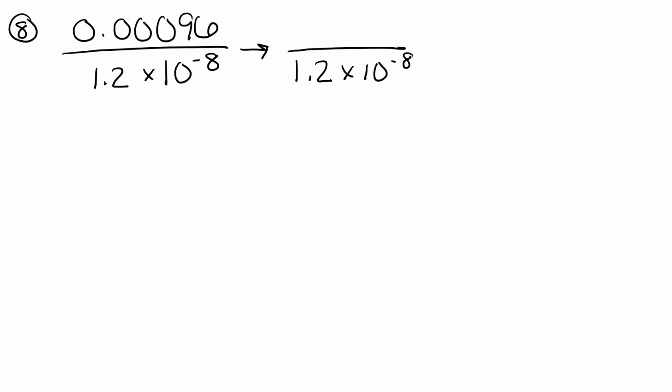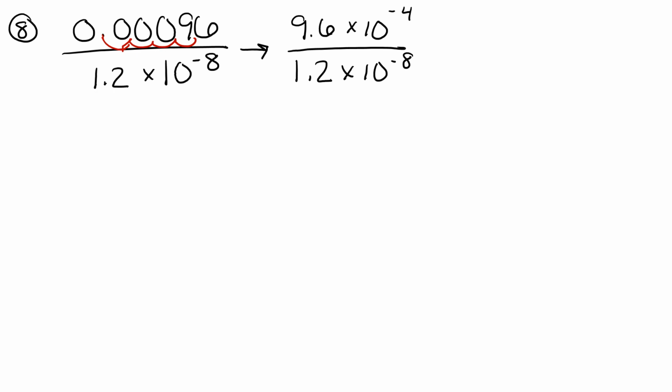So we're going to move the decimal behind the first number, 9, and we move it 1, 2, 3, 4 times. We can write that as 9.6, always times 10, and it would be to the negative 4th power. 4, because that's how many times we move the decimal point, and it's negative because the zeros in the front mean it's a negative exponent.